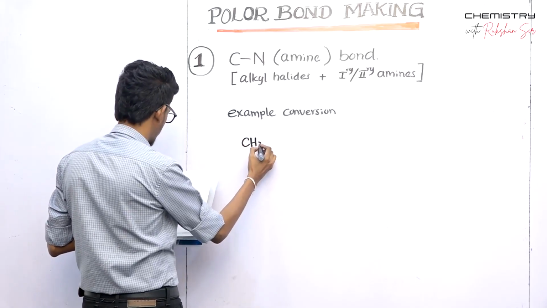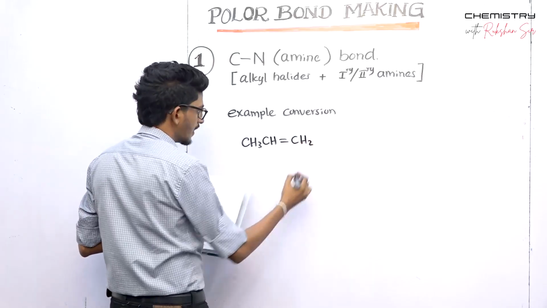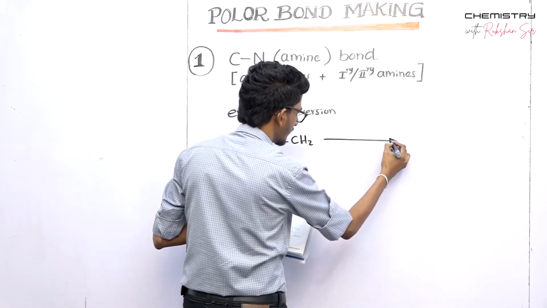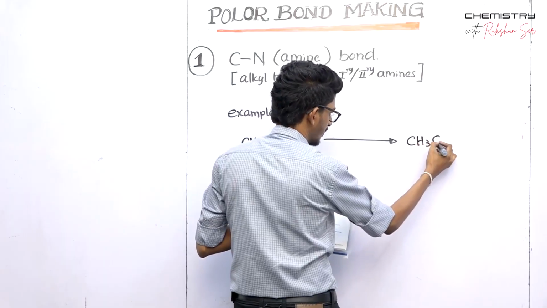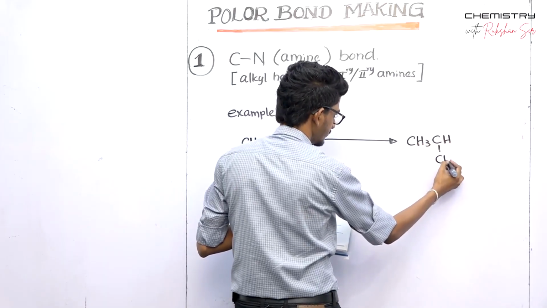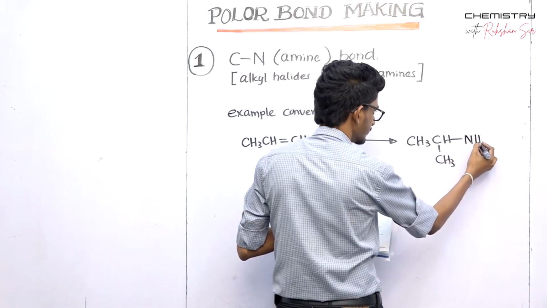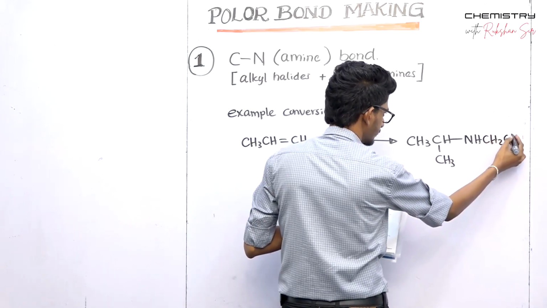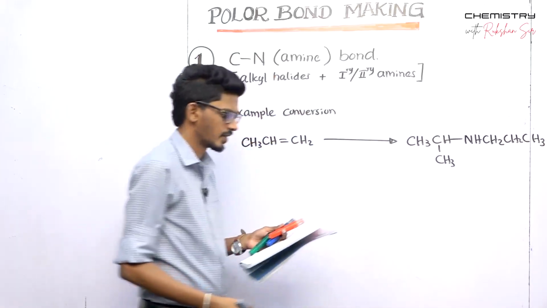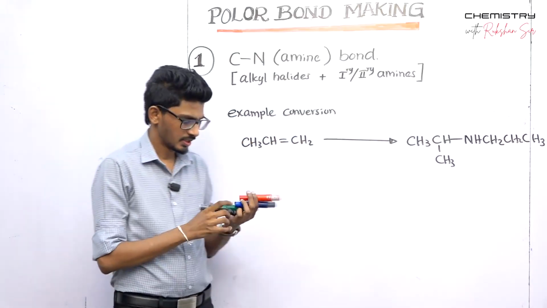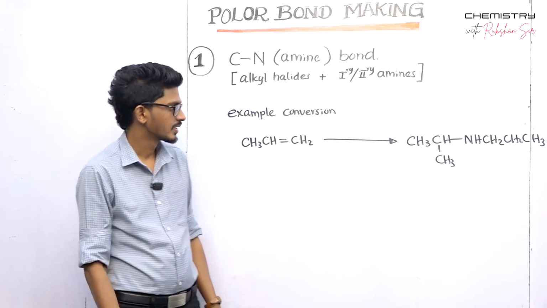So you are supposed to start with CH3CH=CH2, and let's try to come up with this final compound. Right? Okay, this is our task. So what are we supposed to do here?